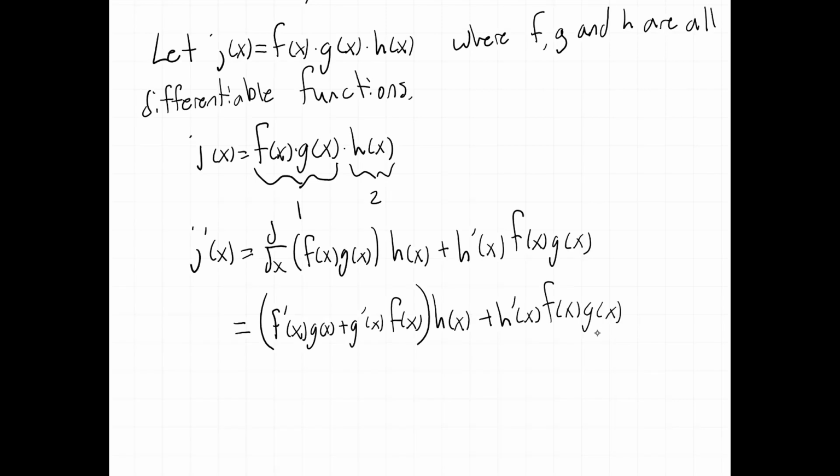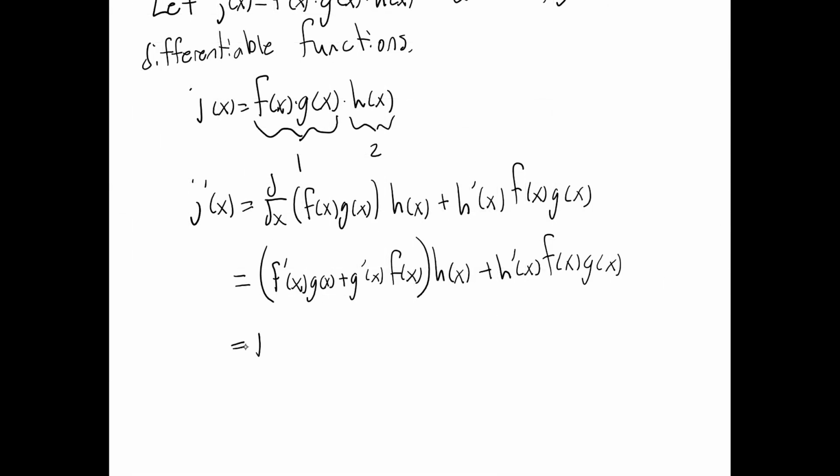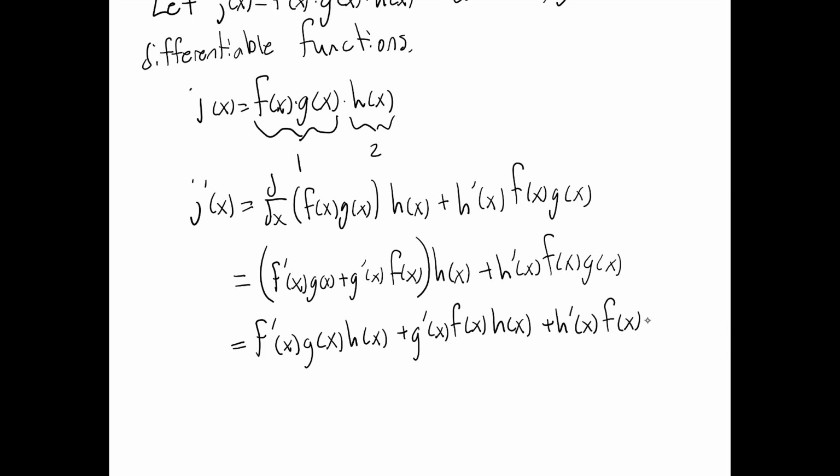So if I distribute this h of x, what I get is the derivative of the first times the second times the third plus the derivative of the second times the first times the third plus the derivative of the third times the first times the second.